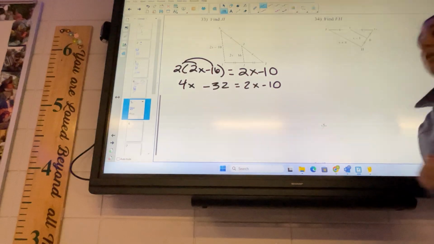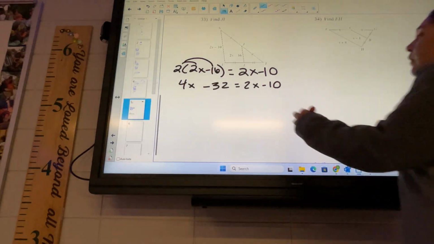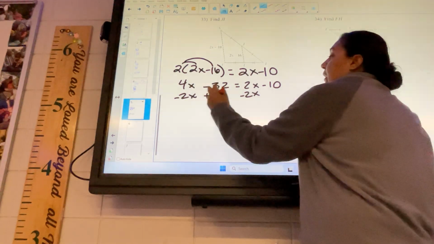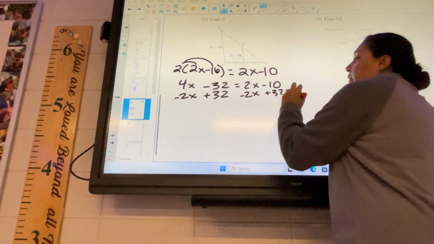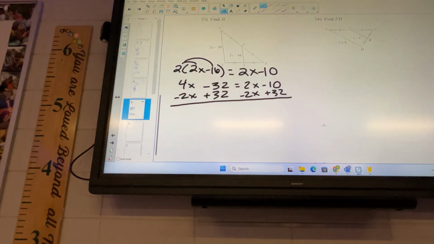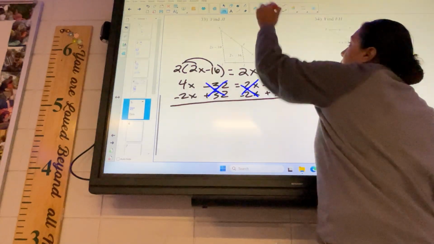Okay. We're going to move our letters to the left and the numbers to the right. So we're going to say minus 2x and add 32. Who's getting crossed out? The 32s and the 2x's.